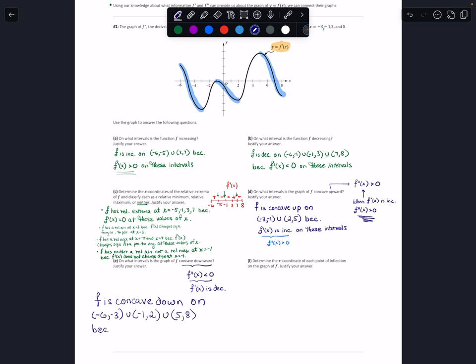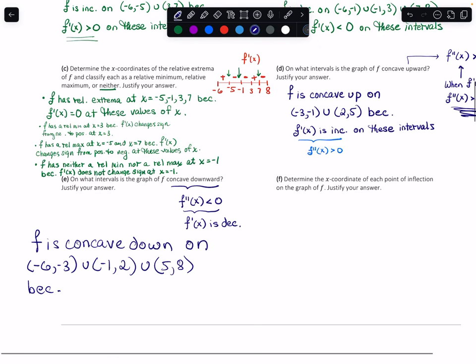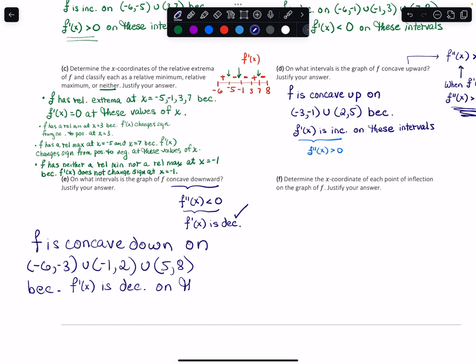Because, again, I'd love to just say because f double prime of x is less than 0, but however, that's not actually how you determine that from what is given to you. How I determine that is this reason, which is an equivalent reason, but it's sort of more concretely based in what we have in front of us. So because f prime of x is decreasing on these intervals.